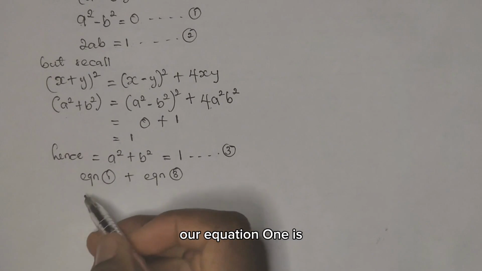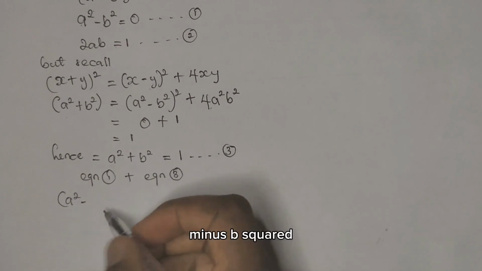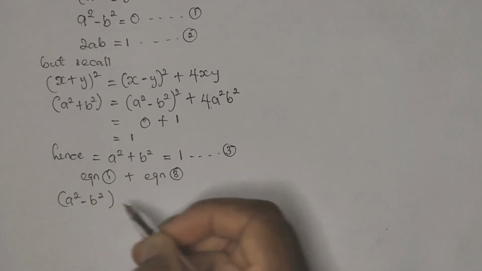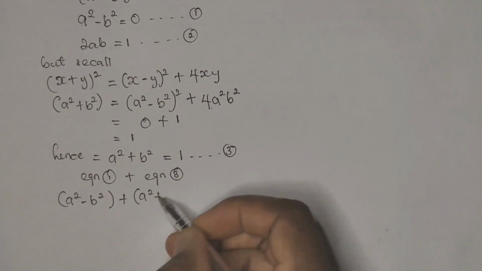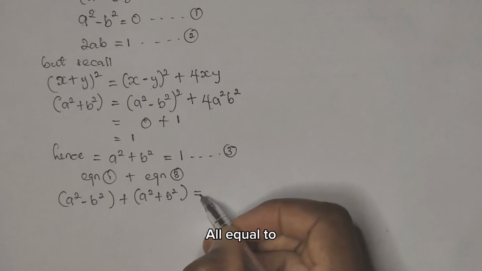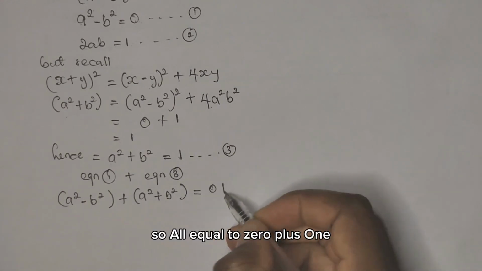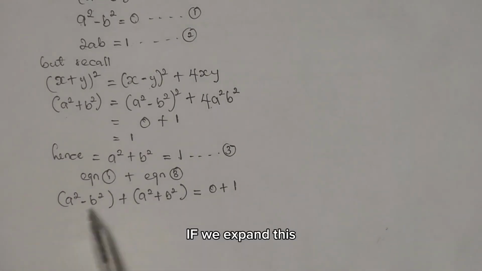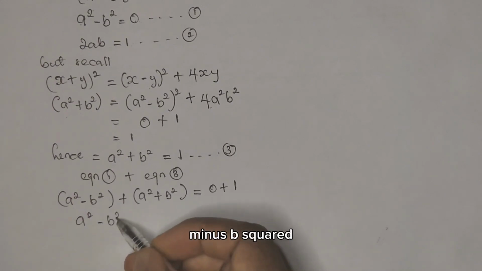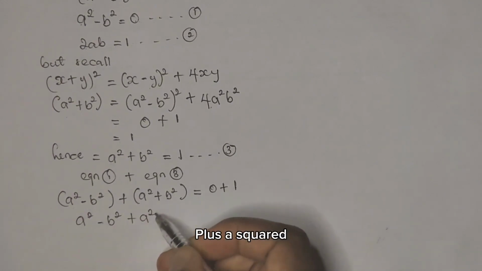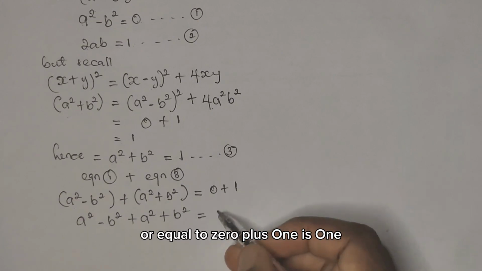Our equation 1 is a squared minus b squared, plus equation 3, a squared plus b squared, all equal to 0 plus 1, since this is equal to 0 and this is equal to 1. If we expand this, we have a squared minus b squared plus a squared plus b squared all equal to 1.